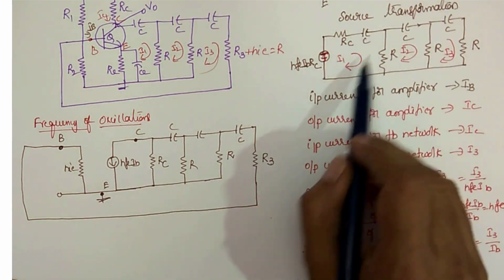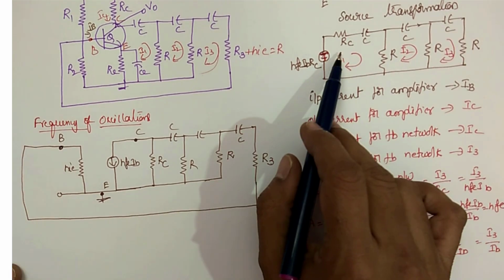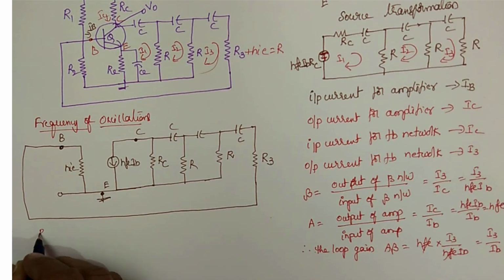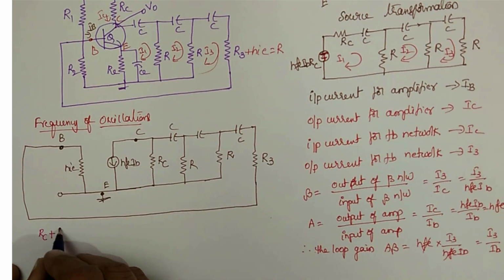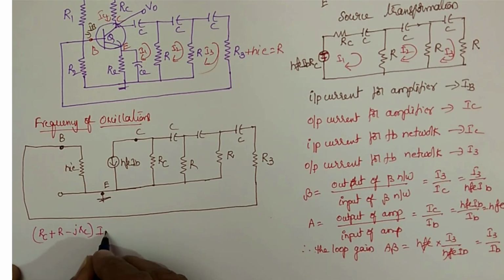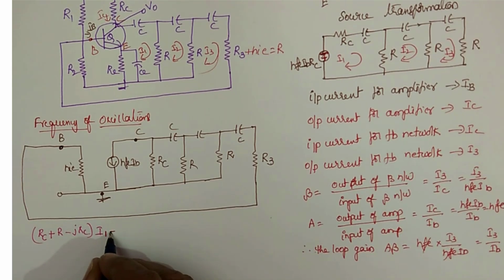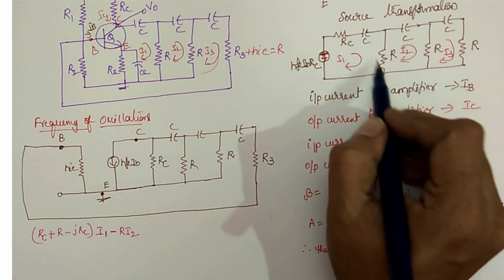Yes. So now I am writing the KVL equation for this loop. Now the current flowing through these three components: RC plus R minus JXC of I1. Then to this R, I2 is coming. So it is R I2, but I1 is in this direction, I2 is in this direction.